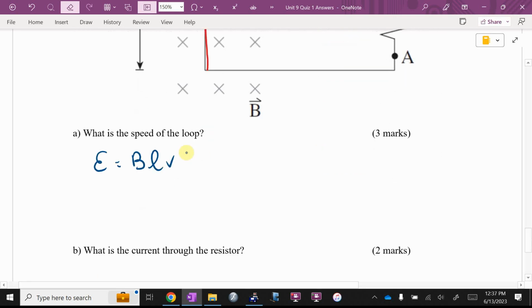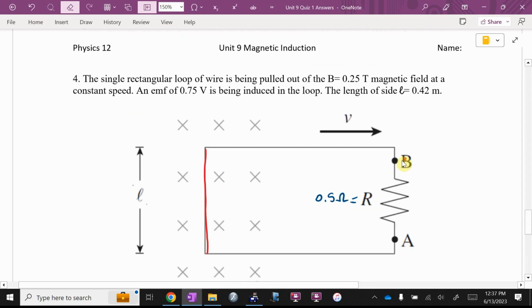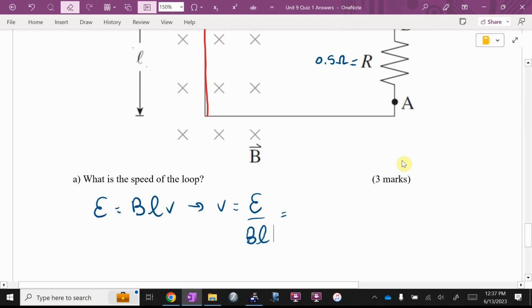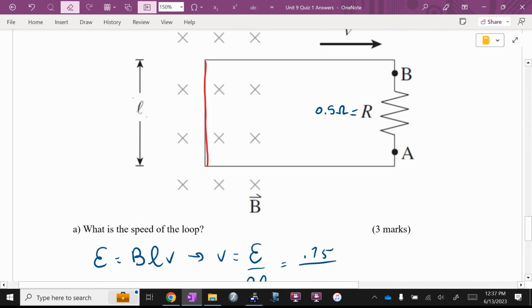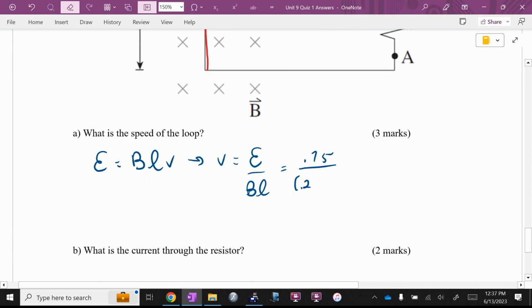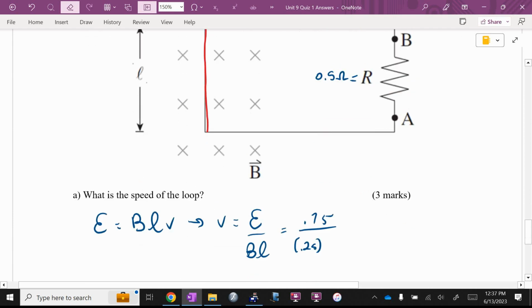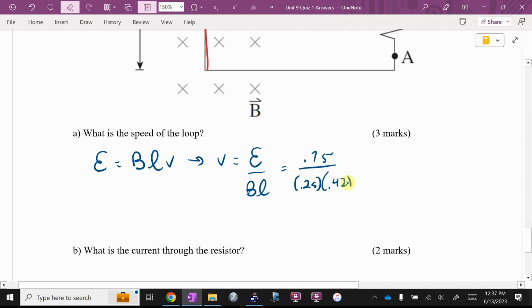I'm going to get the V by itself. V is going to be E divided by BL. The EMF is 0.75. The magnetic field is 0.25. And the length of wire is 0.42.